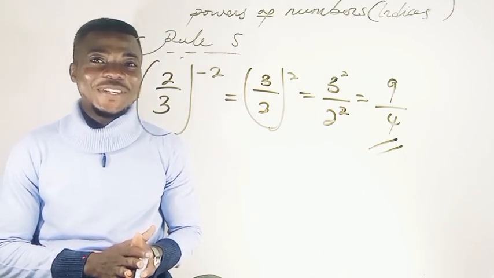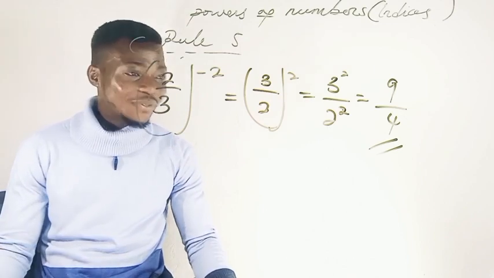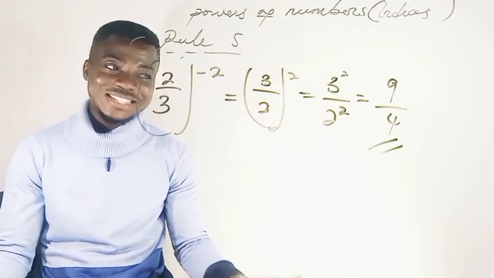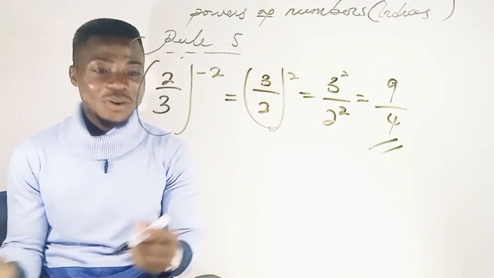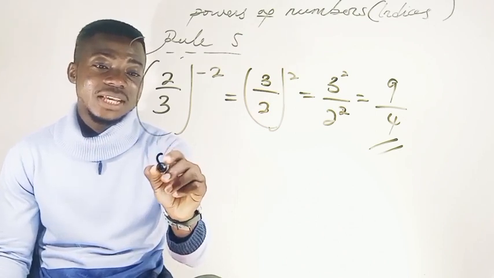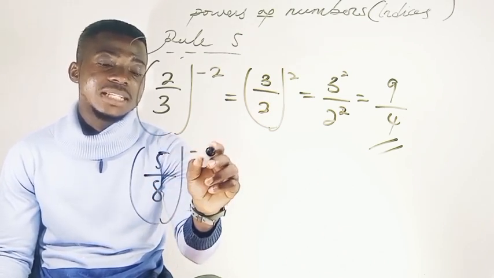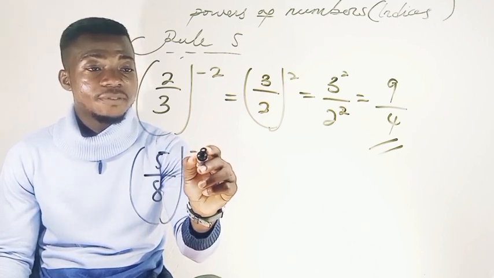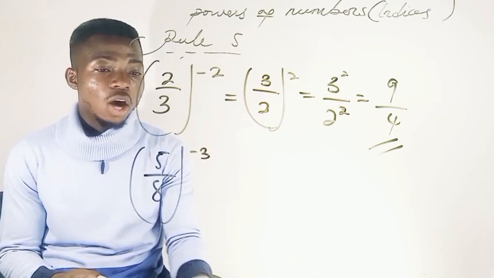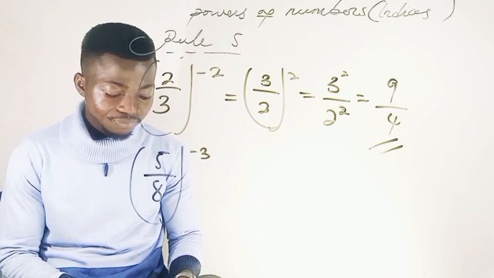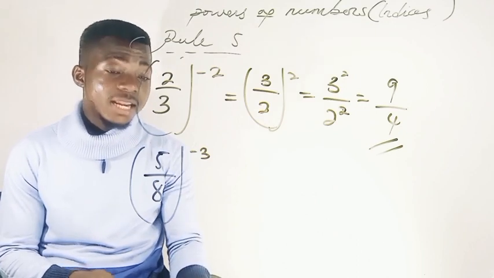Isn't that simple? Okay, now let's go to rule number 6. Let me do another example here. So 5 over 8, all exponent negative 3. Let's move on.